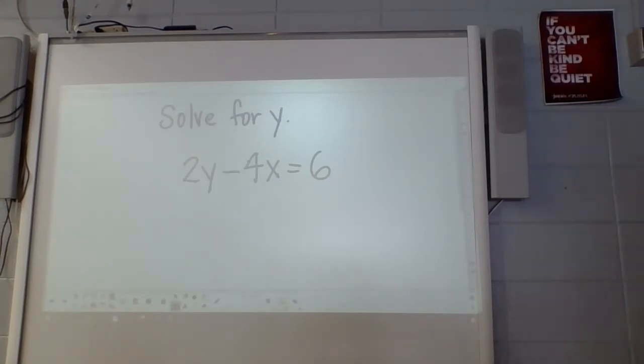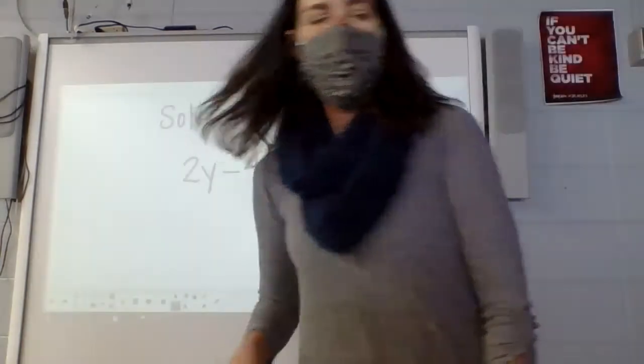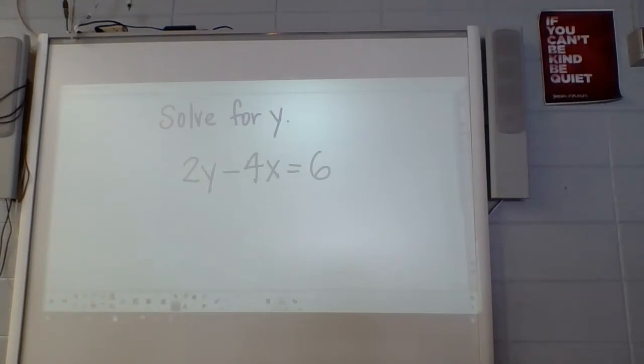Got it. Good work, guys. When you move 4x over, it's going to make it like this over and just add it. So you do the opposite of it. So the y should have a 2 in front of it. There, you're good.